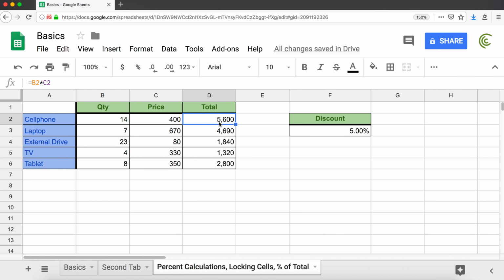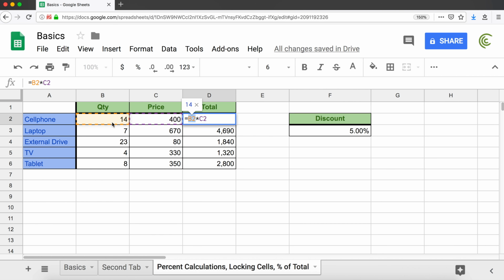Now the question is, why does it actually work? If we go back and look at this formula, we have cell references B2 multiplied by C2. When you move this formula down by dragging the formula down one, all references in the formula move in that direction, which means B2 and C2. If we look at B2, that's this cell.